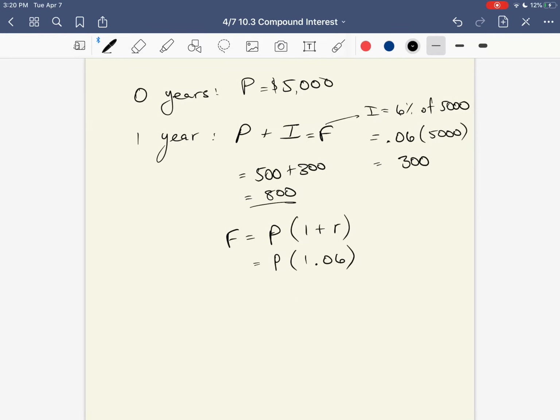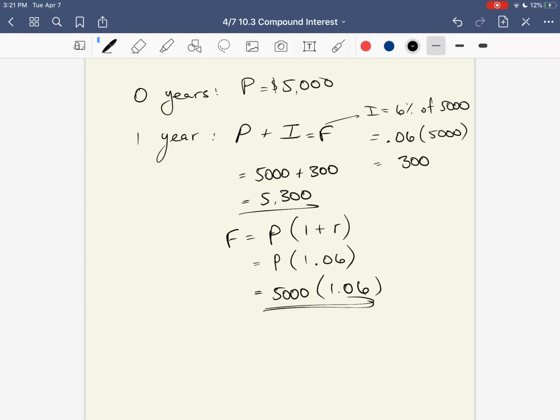Okay. Good. So that's 5,000 times 1.06 after the first year. Good. And you can check, that's going to be exactly, oh my goodness, 800. I was really screwing this up. This is 5,000 plus 300, which gives us 5,300. Big difference. Okay. Good, but let's just leave it at 5,000 times 1.06.